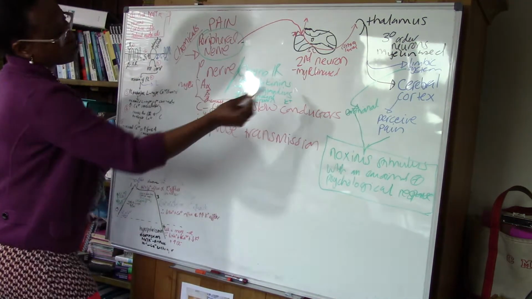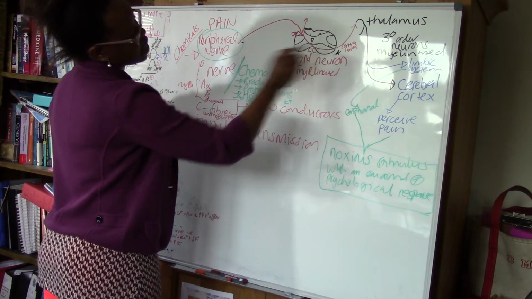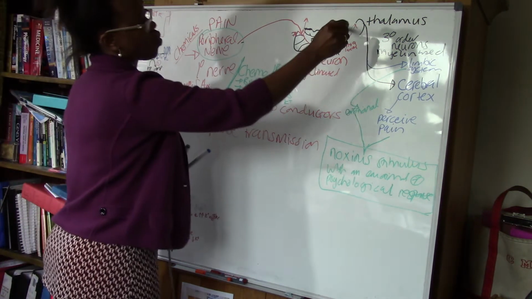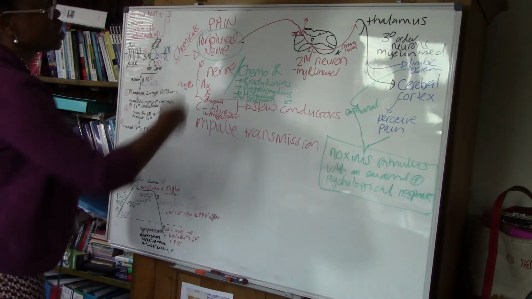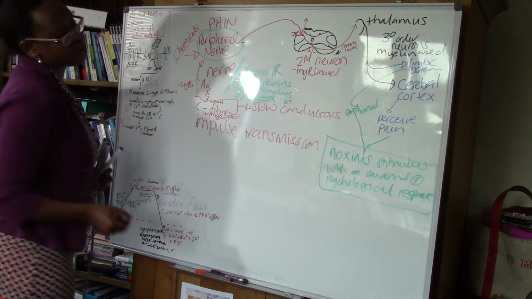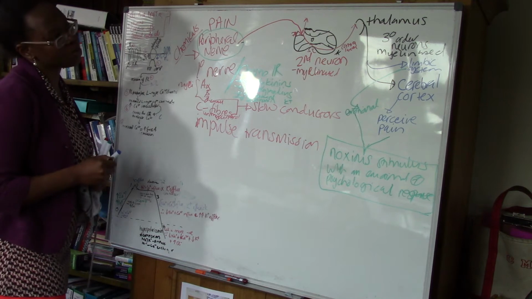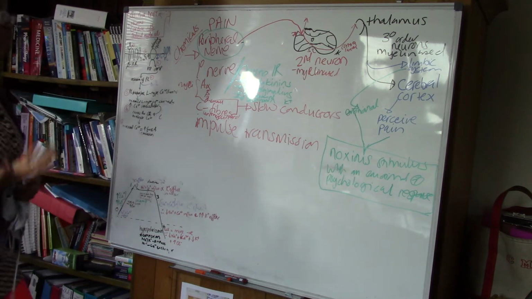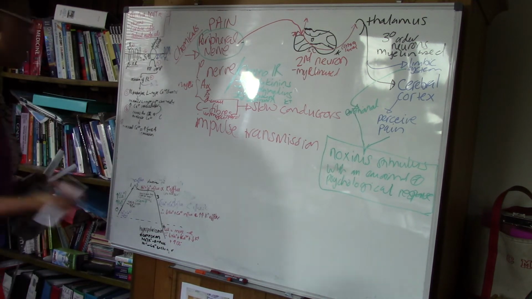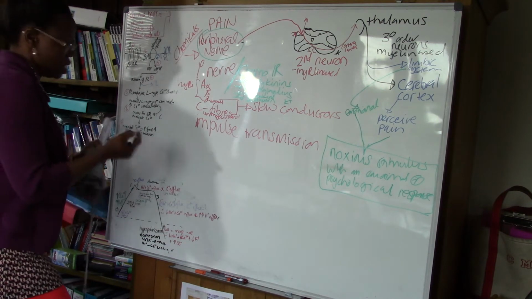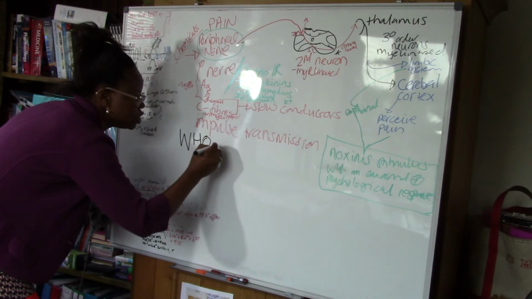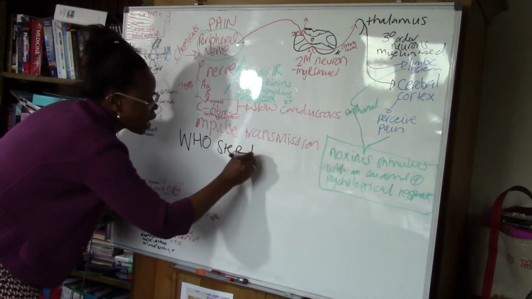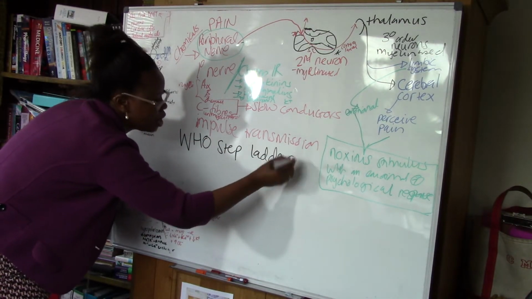And indeed, I want to stress that that secondary neuron immediately crosses over to the contralateral side to then transmit that painful stimulus into the brain. And then the treatment of pain is really based on the WHO, the World Health Organization step ladder for analgesia.